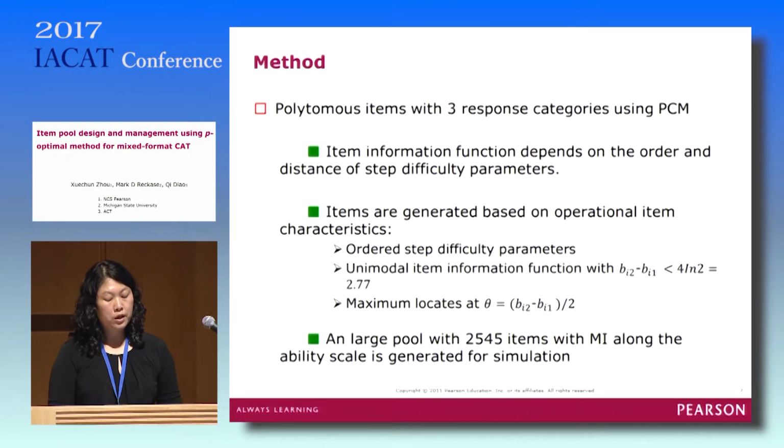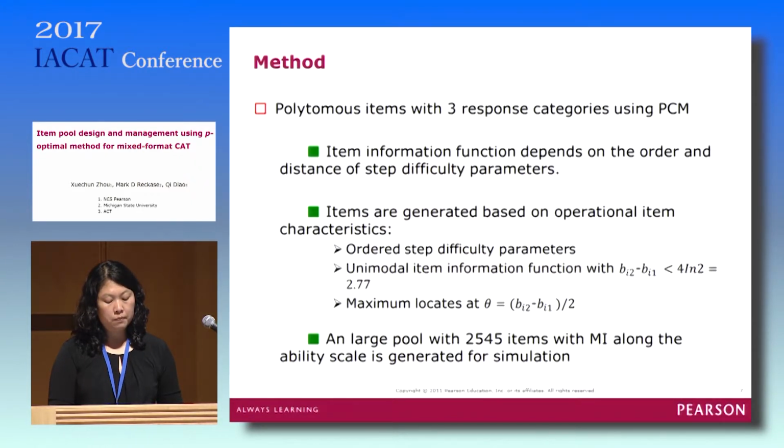Items were generated based on operational item characteristics. So items have ordered step difficulty parameters, and the distances between the difficulty parameters are all less than 2.77, which gives the neat feature of a unimodal item information function. The maximum is located at the middle of the two difficulty parameters.